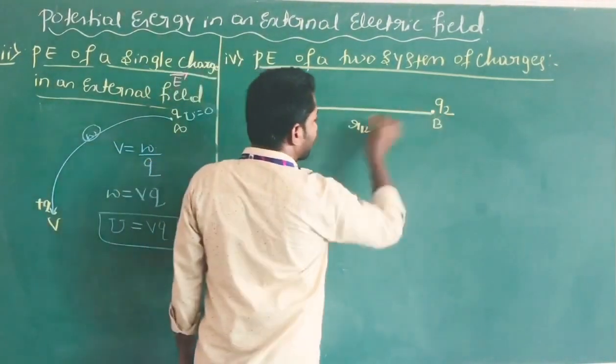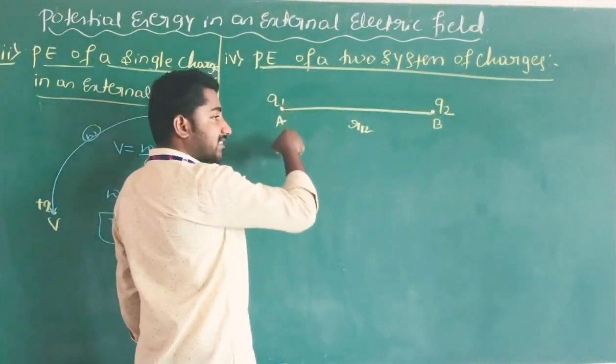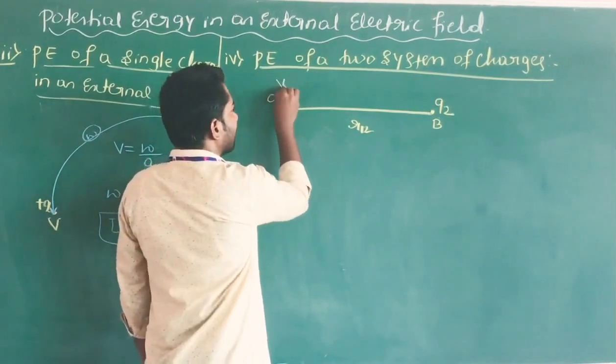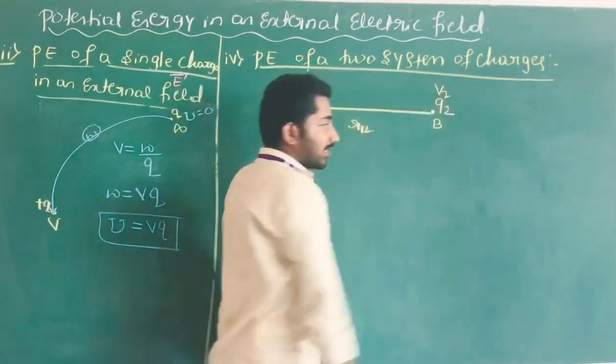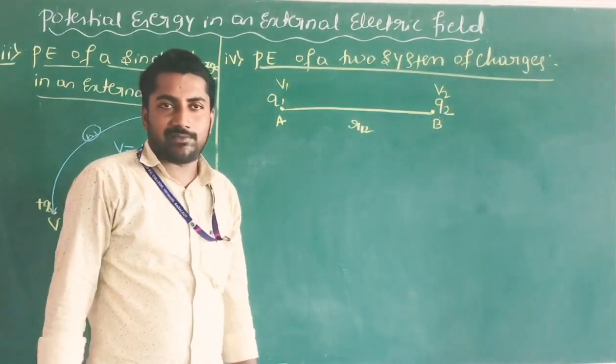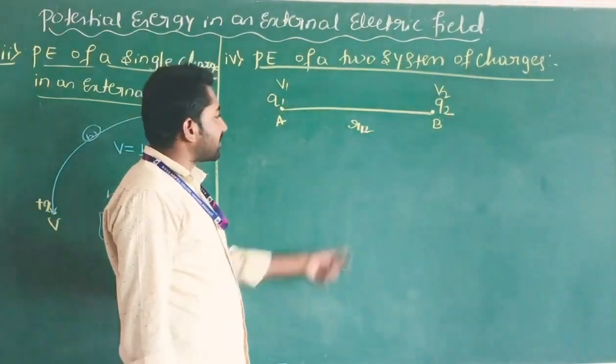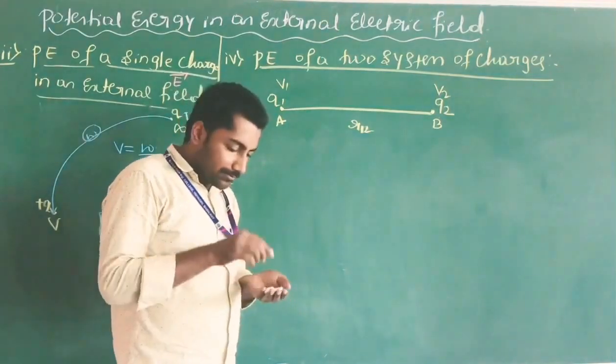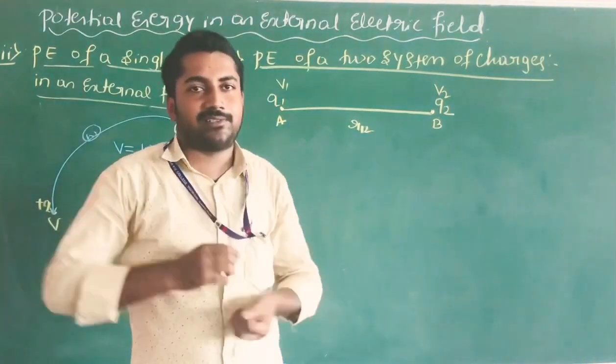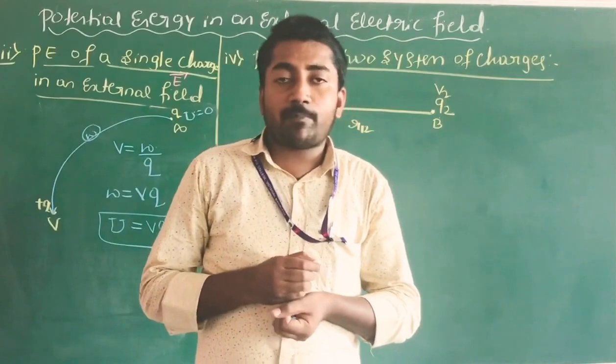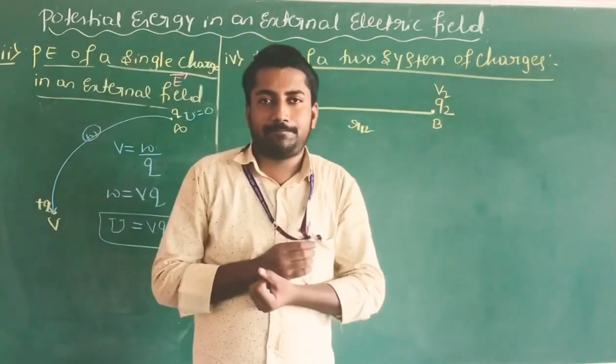Q1 and Q2 are in the presence of external electric field. Then V1 and V2 are the electric potentials due to the external electric field at these points. Initially, we assume that these 2-point charges are present at infinity.